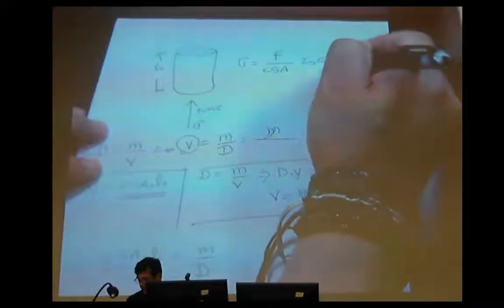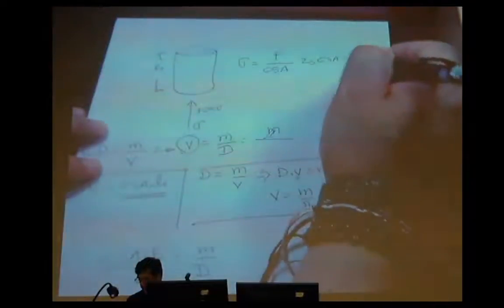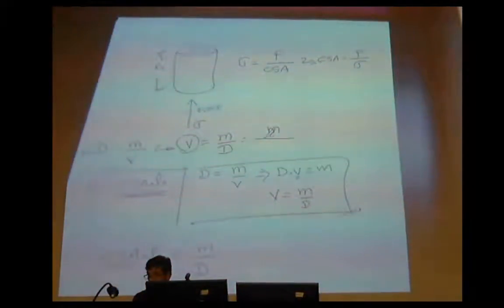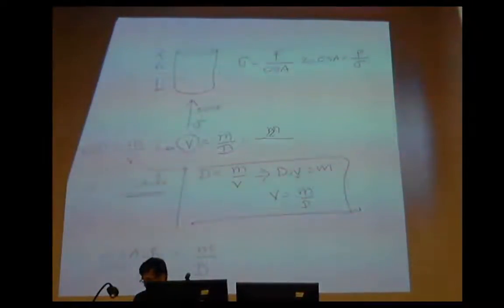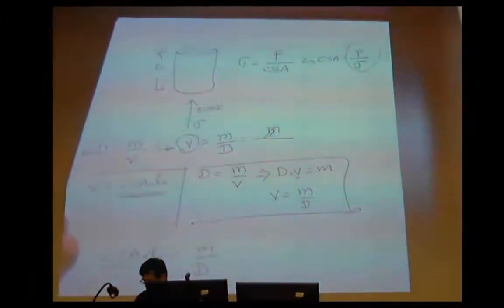Cross-sectional area will be equal to force divided by stress. Yeah? So if we replace cross-sectional area by this, we are creating a very unfriendly equation that relates stress, density, force, resting length, and mass.